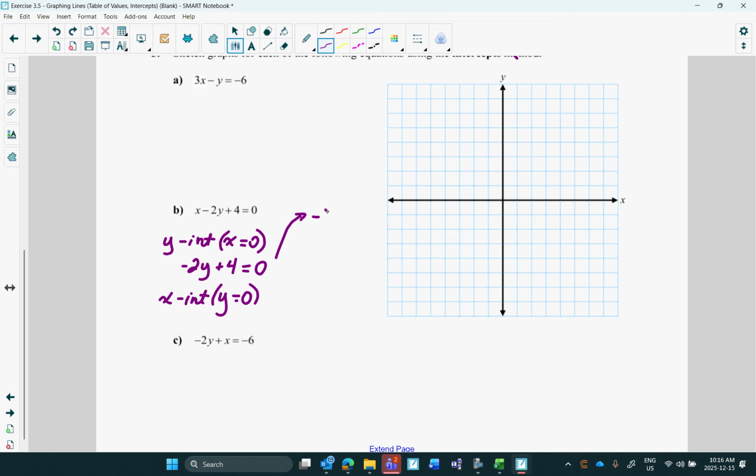Subtract 4 from both sides. So I get -2y equals -4. And then divide both sides by -2 and I get y equals 2. That's the y-intercept. Plot it. Don't start the x-intercept until you've plotted the y. See if you can find the x the same way. I'll let you guys try it.